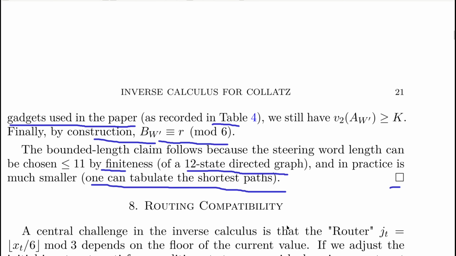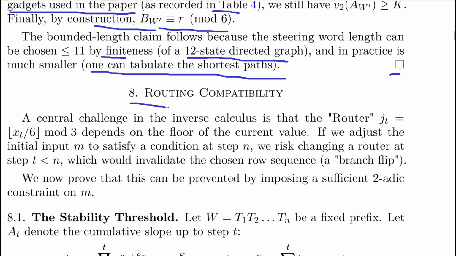Okay, let's move on to routing compatibility. A central challenge in the inverse calculus is that the router j_t, which is the floor of x_t over 6 mod 3, depends on the floor of the current value.